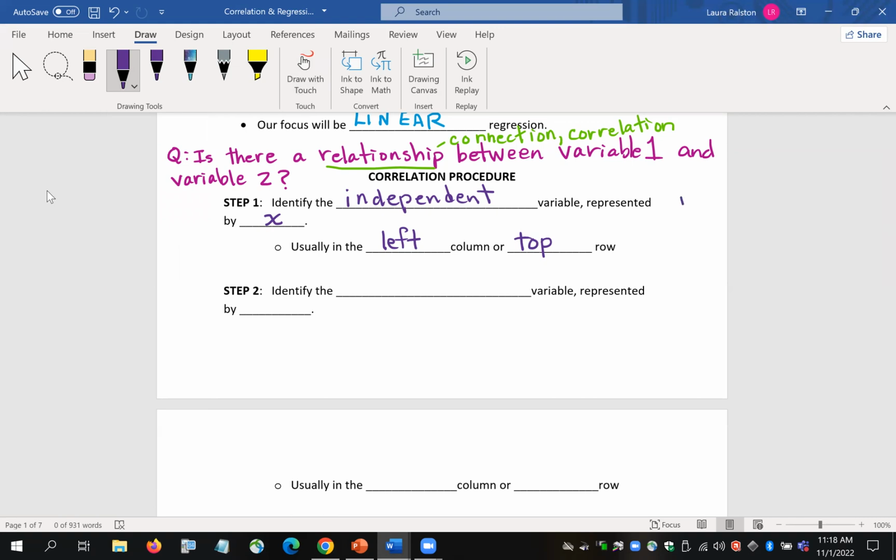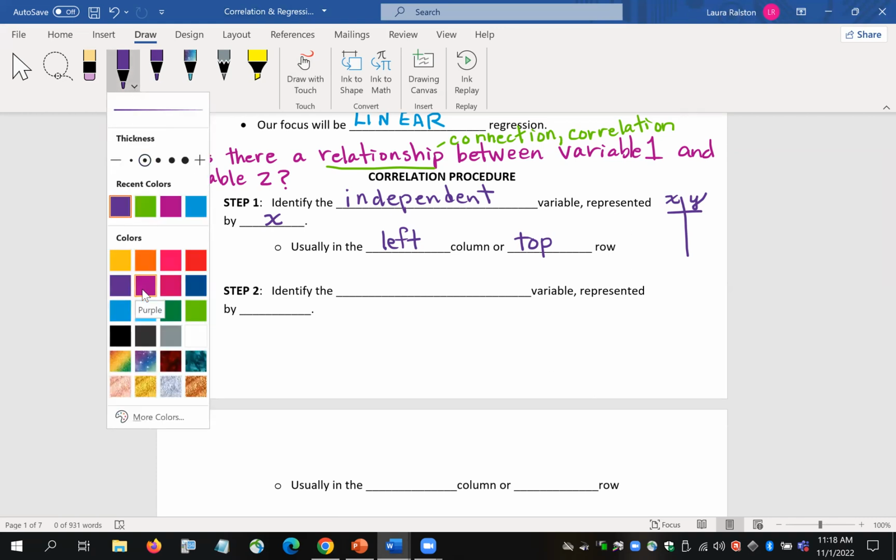If you think about it from algebra, usually when we draw a table, you would have X in the left column and Y in the right hand column. And again, that's a carryover from that particular course.